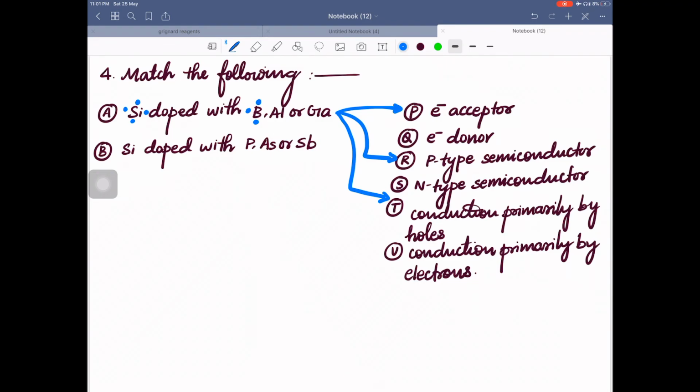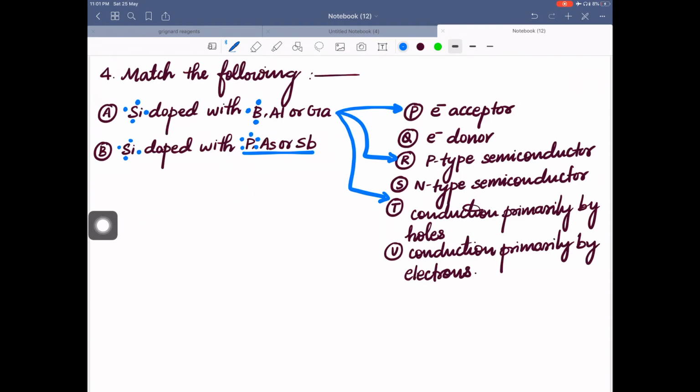Similarly, silicon doped with phosphorus, arsenic, or antimony, these are from the nitrogen family where each has 5 valence electrons and the silicon has only 4. So during doping, one extra electron will be left.